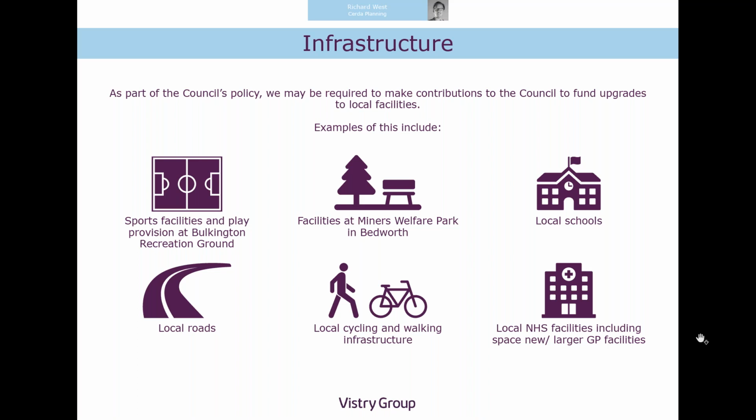As we've touched on a number of times, we want to ensure that the local road network is impacted as little as possible by making the necessary upgrades to the junctions and providing the infrastructure at the access, and also providing cycleways and footways so that people can move as sustainably as possible, whether going towards Bulkington Centre or walking to their nearest bus stop, so that if they're going to the wider area, they can travel by sustainable means.